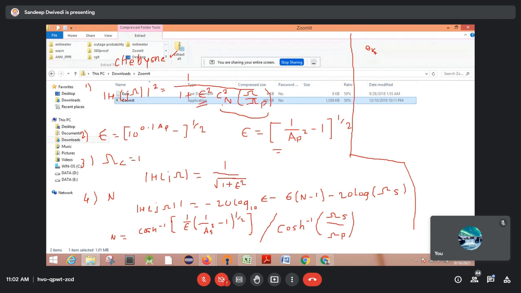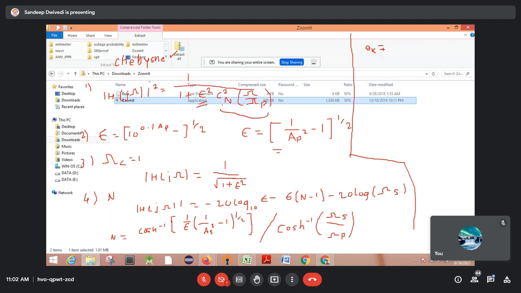From that you can find the minor axis and major axis of the ellipse in the Chebyshev filter, because the poles of this filter lie on an ellipse.